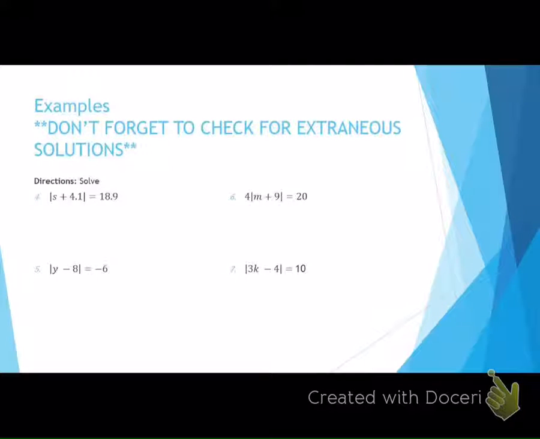All right. Don't forget to check for extraneous solutions as we're doing these problems. So just a few things that I would like you guys to think about. So I'm going to write some stuff up here.